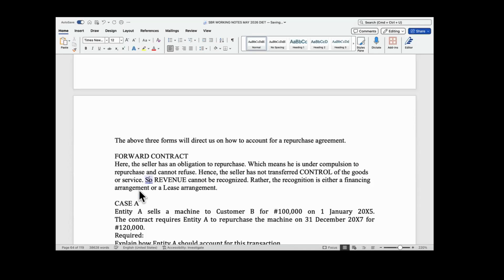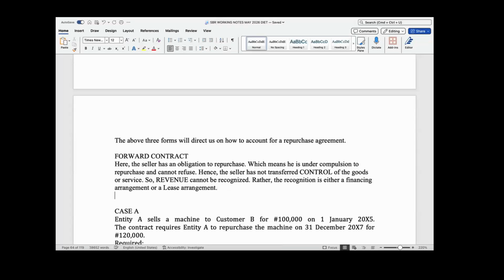So here, since he must repurchase, since he cannot refuse to repurchase, since he's under compulsion to repurchase, he would repurchase. So he has not really transferred control. He has not really sold. Revenue cannot be recognized. Rather, what does he then recognize? The recognition is either a financing arrangement or a lease arrangement.